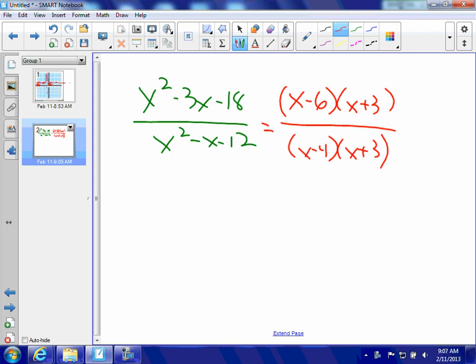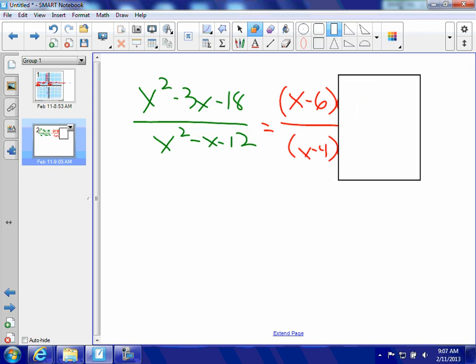So from this, I can determine the domain. This is my function here. This is not my function.